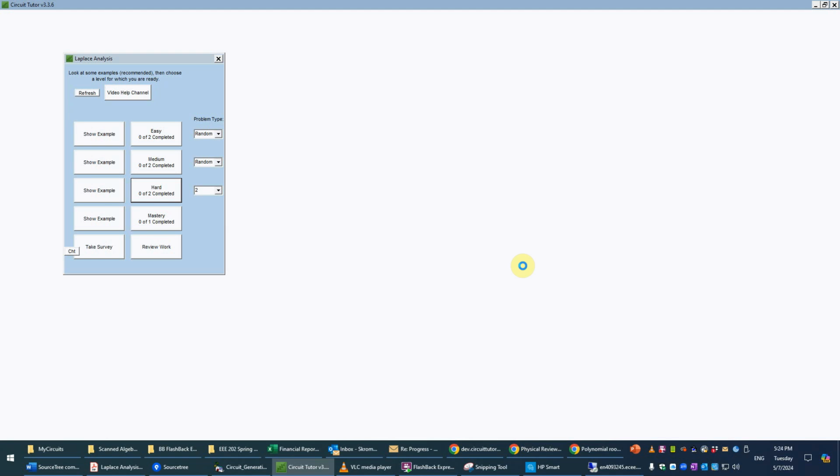This is going to be a problem type where we need to solve using source transformations as the solution method. So I'll wait for that to load. There's a lot of computation going on in the background.